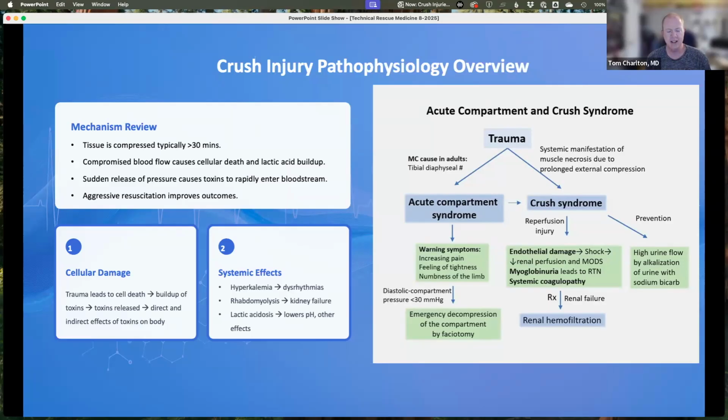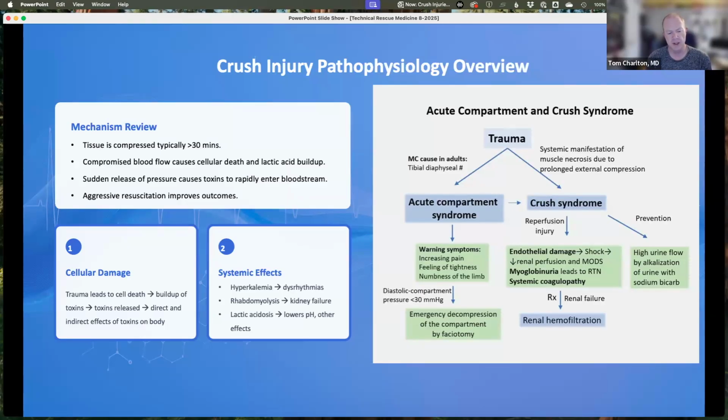Typically, we see this occur when the tissue has been compressed for more than 30 minutes. 60 minutes, though, is one of the important time frames because that really tells us more about the risk of somebody having significant physical effects from crush injury syndrome. We'll touch on the treatment here in just a little bit.